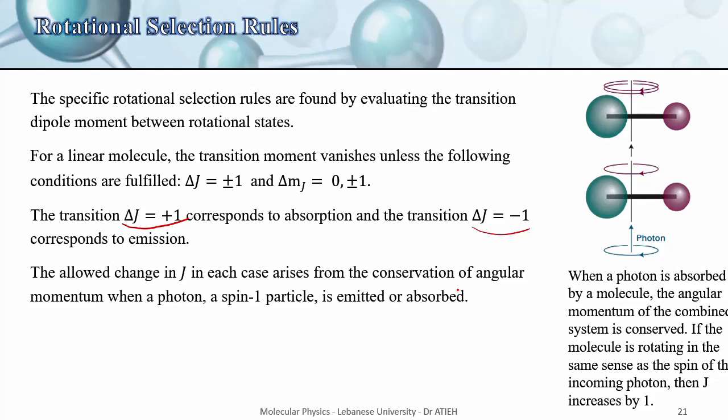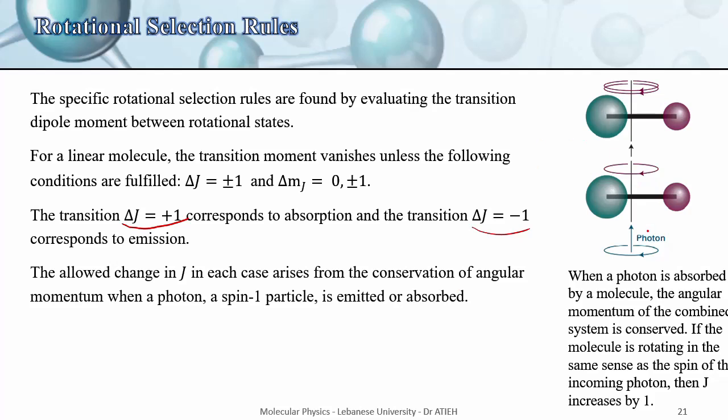This is due to the conservation of angular momentum. We know that a photon is a spin 1 particle. So if the molecule absorbs a photon, its angular momentum must increase by 1. If it loses a photon, its angular momentum must decrease by 1. That's why delta J is equal to plus 1 in absorption and minus 1 in emission.